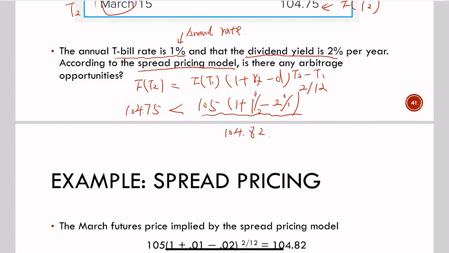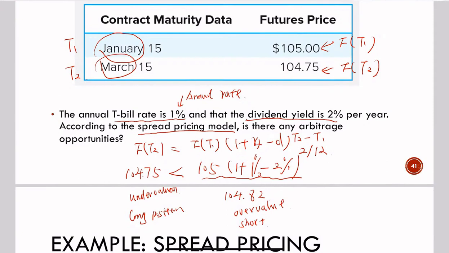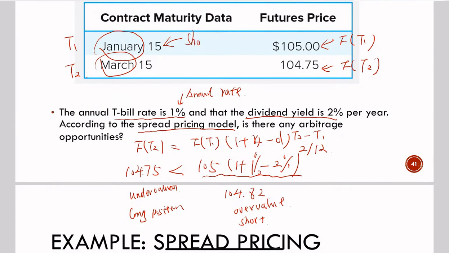And you can see that this guy is overvalued, right? And this guy is undervalued. So you should take a short position in this overvalued futures contract, and you will take a long position in this contract.